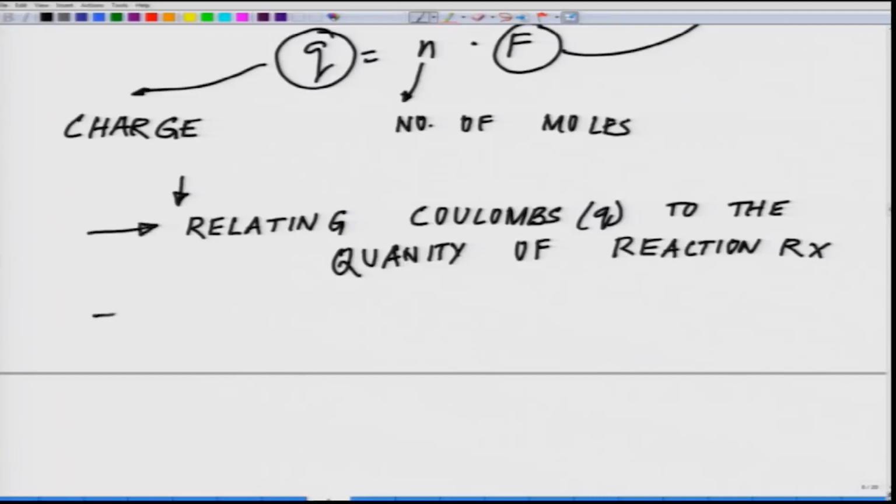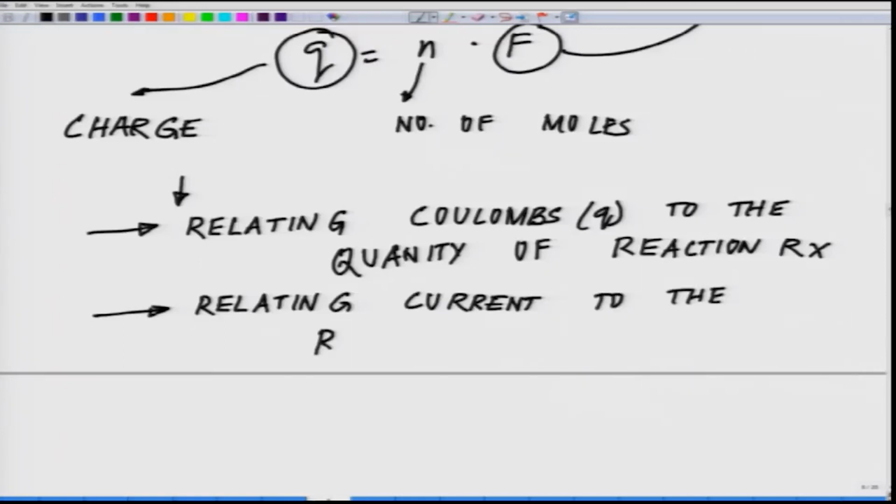The second is relating current to the rate of reaction.